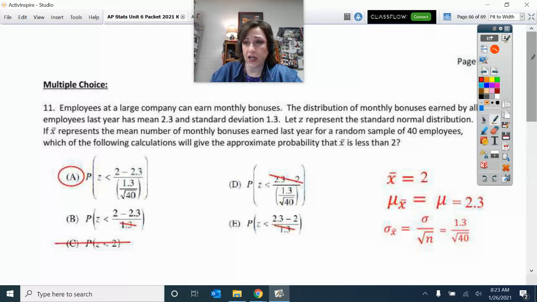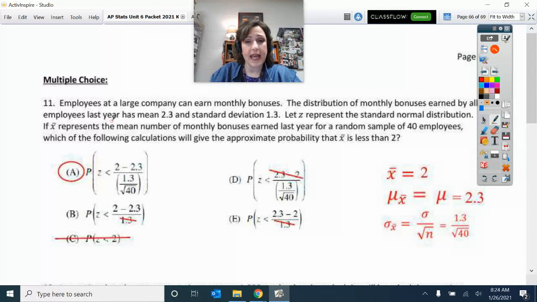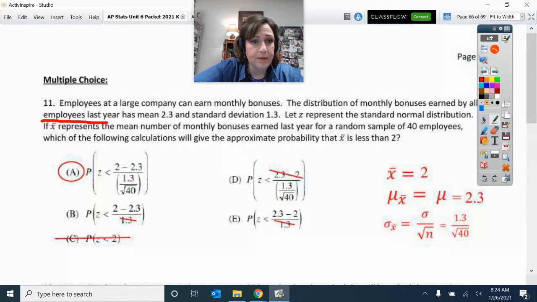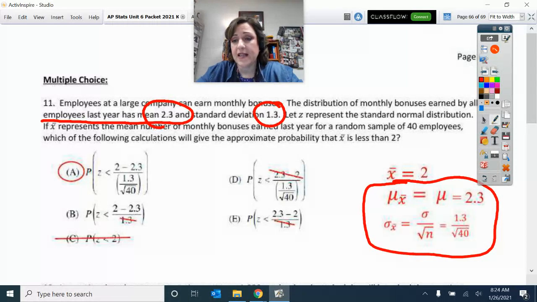So here on our multiple choice, this one is a sampling distribution. Okay, so we got samples of size 40. And so what we're doing is this is the population mean and the population standard deviation. So see here, that's telling me that I expect all x bars to be centered here with this standard deviation.